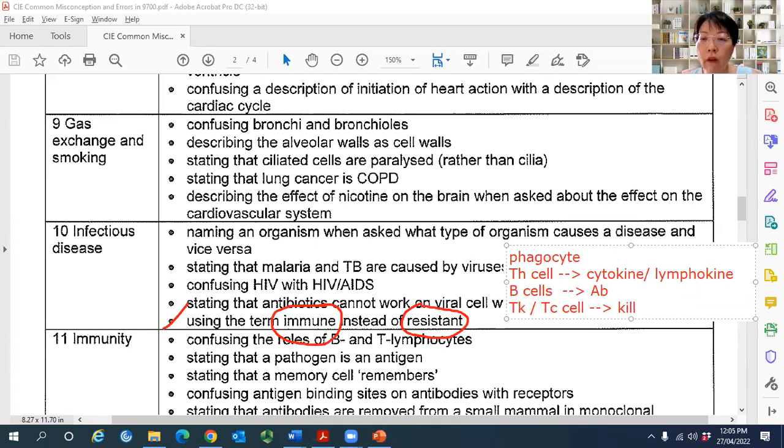So when you involve these cells, it's called immune response. It's not called resistant. Resistant is when you say the body is resistant to a certain chemical. For example, bacteria become resistant to the antibiotic that we use.